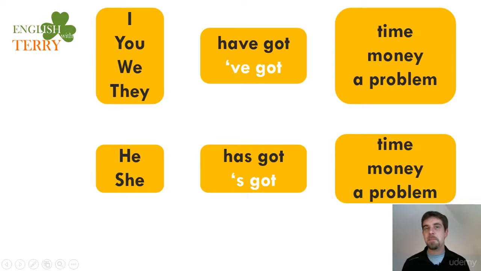So this is the same contraction of she is and he is: he's got and she's got. So repeat with me, he's got money, she's got time, all right?